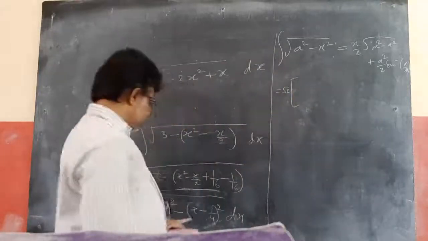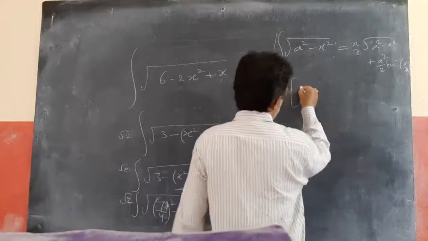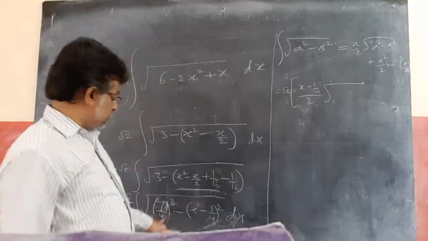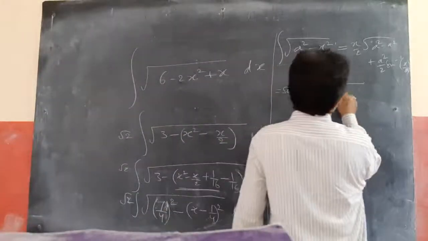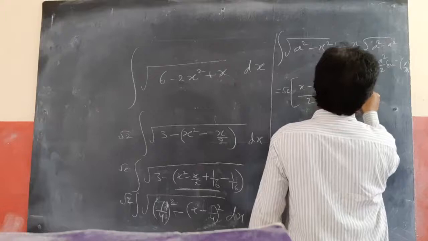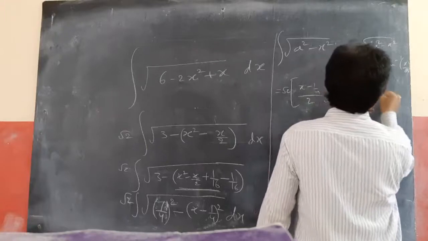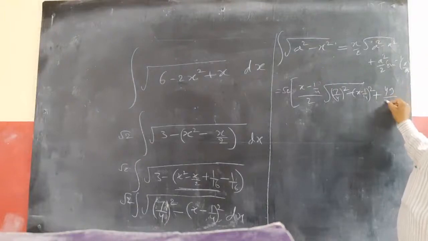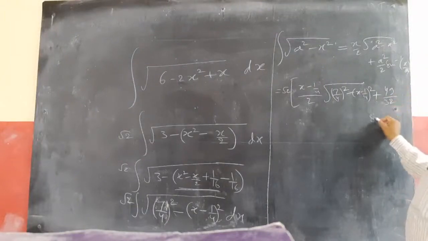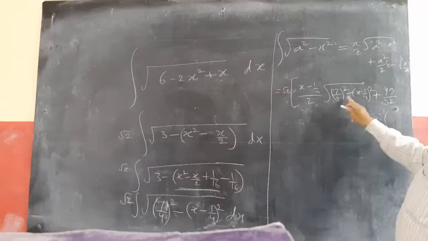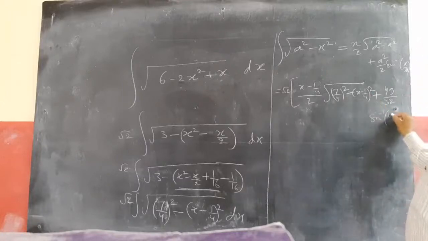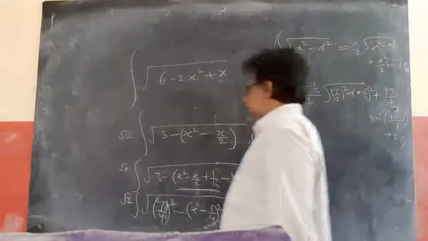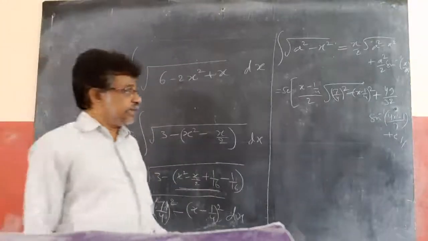What is x by 2 here? x minus 1 by 4 by 2, into root of a square minus x square, which is 7 by 4 whole square minus x minus 1 by 4 whole square, plus a square by 2, that is 49 by 16 by 2, so 49 by 32, into sin inverse x by a, that is x minus 1 by 4 by 7 by 4. Taking 4 as LCM, sin inverse of 4x minus 1 by 7, plus c.